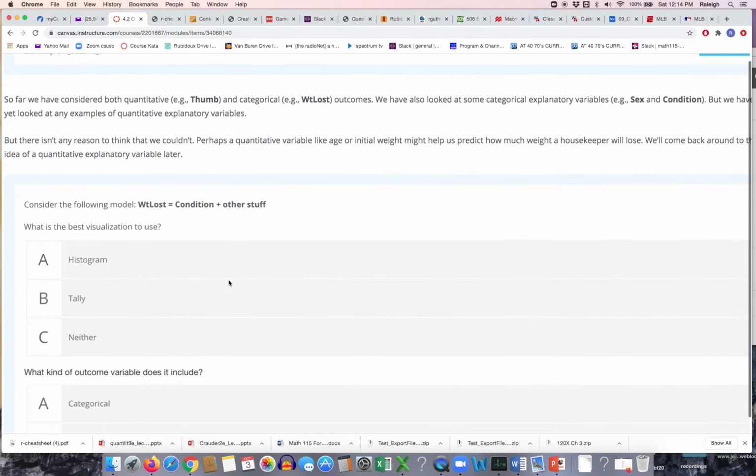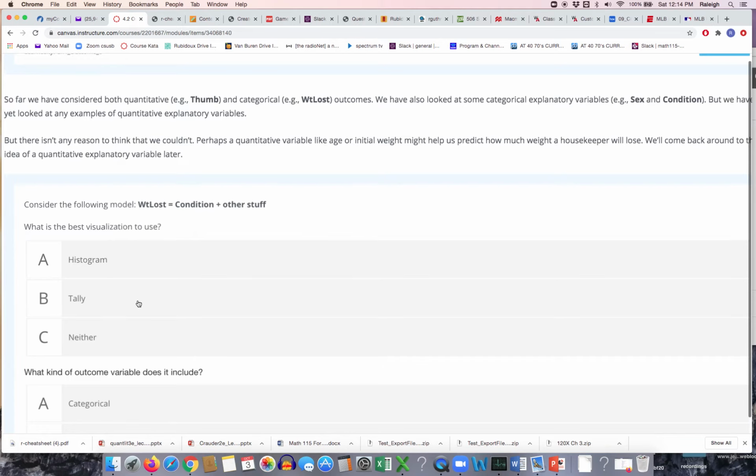So they go in a little bit into detail on this. And she uses the other stuff here because that's just miscellaneous, random error, and other things we're not talking about yet. But the weight loss could be supplied by the condition that they knew informed versus uninformed and other stuff. And here looks like the best one would be a tally because we're just tallying people. And you could do counts or proportion.